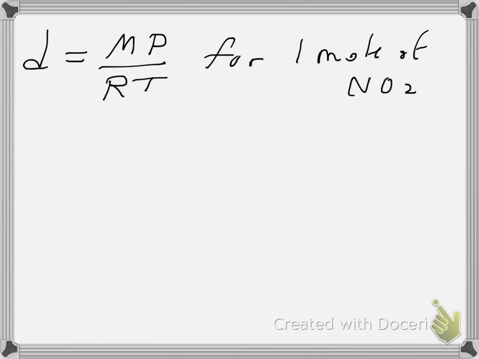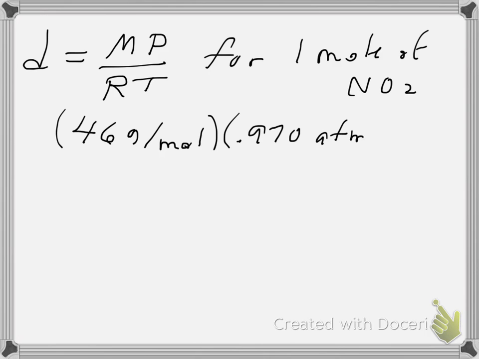Alright, so we're going to get the molar mass for 1 mole of nitrogen dioxide is about 46 grams per mole, times the pressure they gave us for this, which was 0.970 atmospheres. And then we're using atmospheres and kelvins and moles.